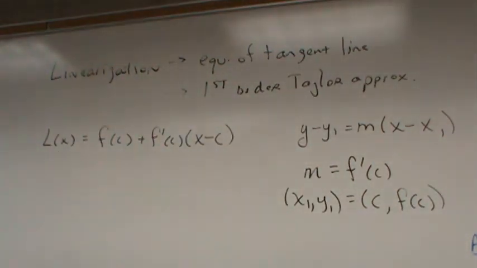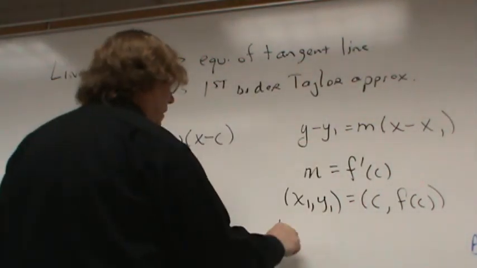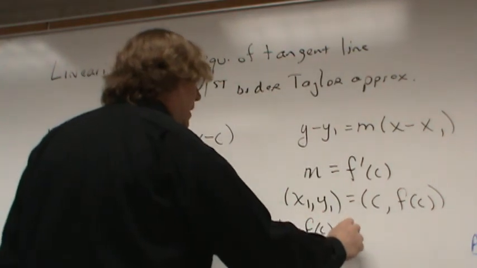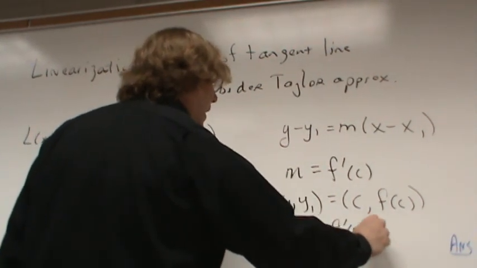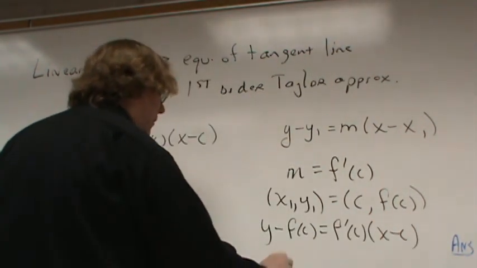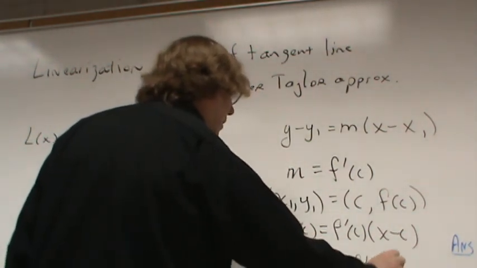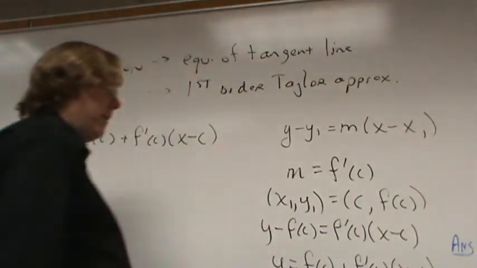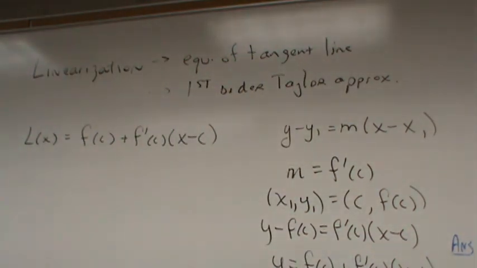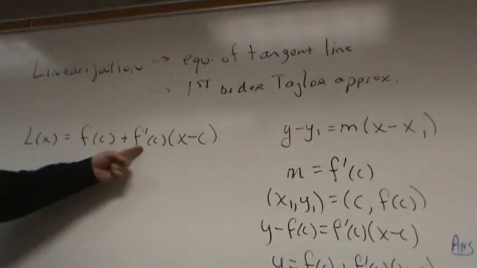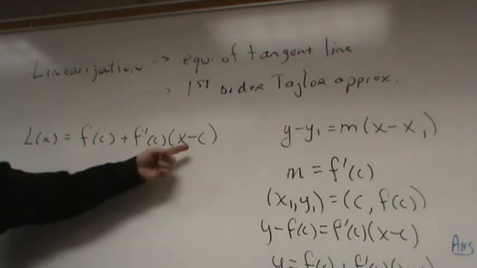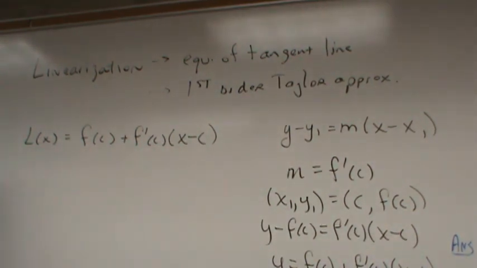You see that? And so when I plug that in, y minus f of c equals f prime of c times x minus c, it's like, oh my gosh, it is the first order Taylor approximation. Right? Because there's the slope of your tangent and the coordinates of your point are c comma f of c.